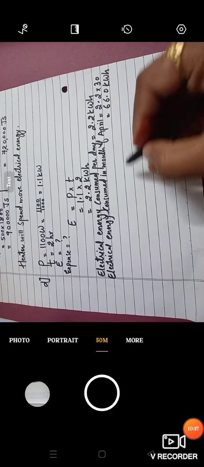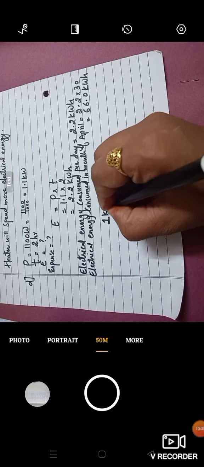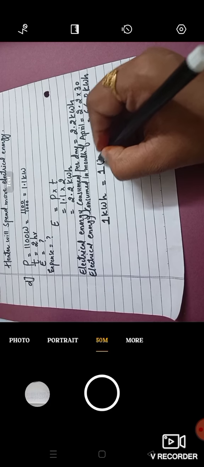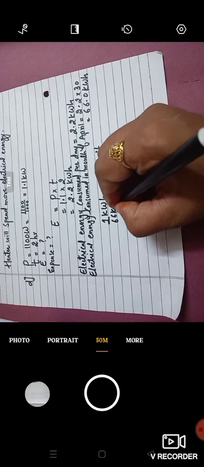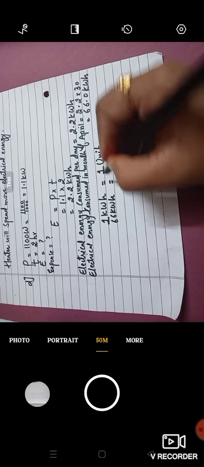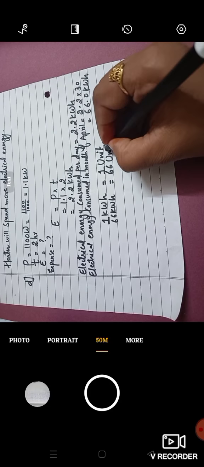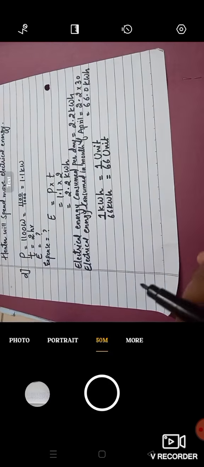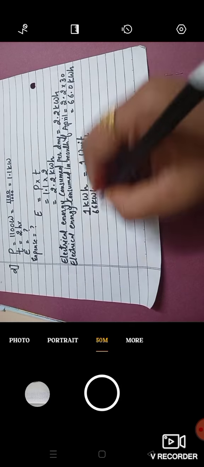Now students, we need to consider that 1 kilowatt hour is equal to 1 unit. So 66 kilowatt hour will be equal to 66 units. It means 66 units of electrical energy have been consumed in that month.